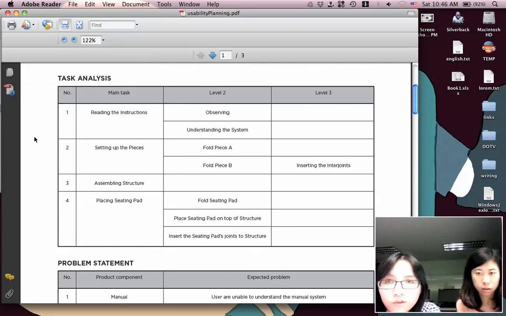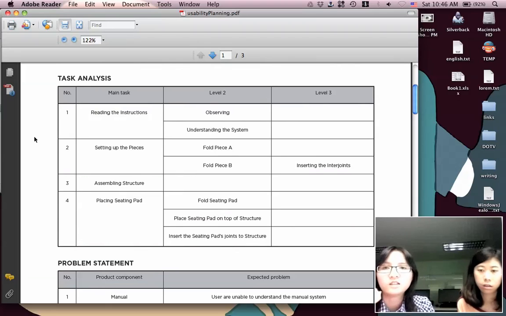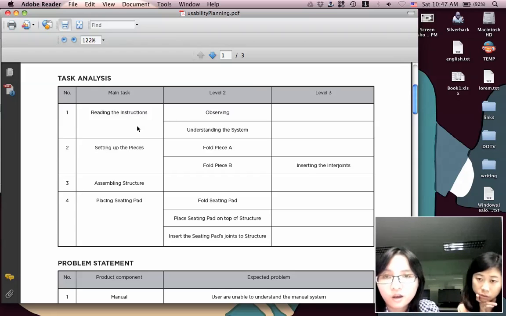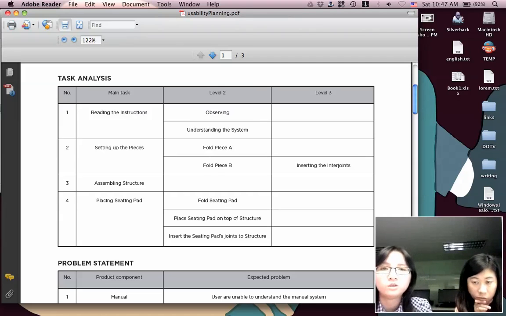And then we separate the task into 4 tasks. The first one would be reading, and the instruction is basically about how people try to understand the manual. The second task is setting up the pieces, which will be separated into 2 different pieces. Then assembling the structure. And the fourth task will be placing the seating pad on the whole structure.